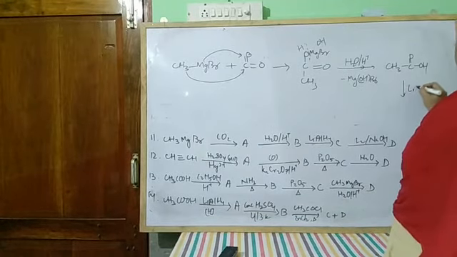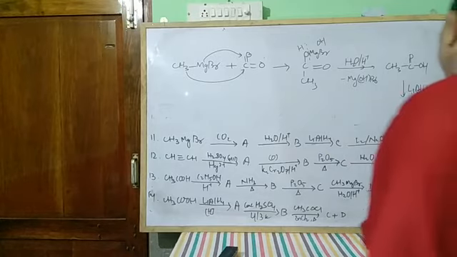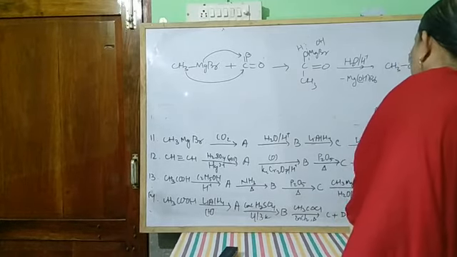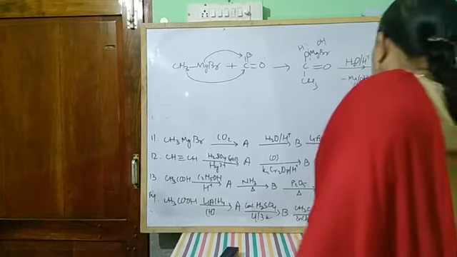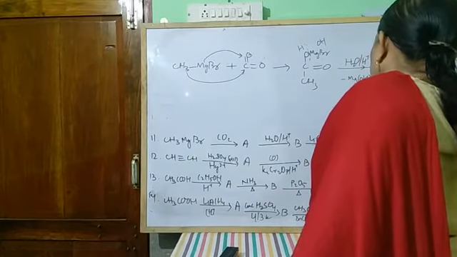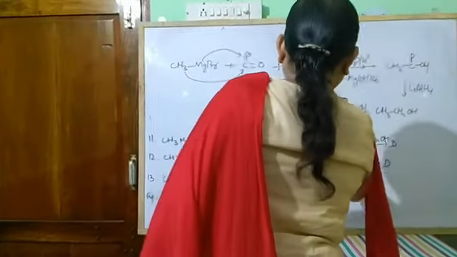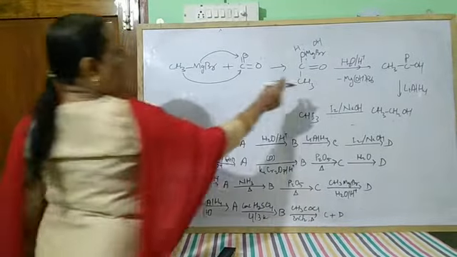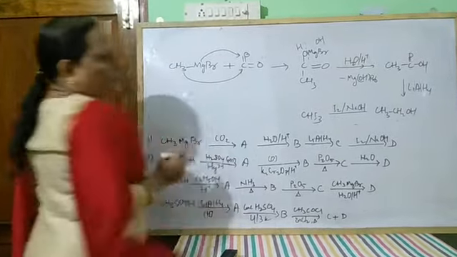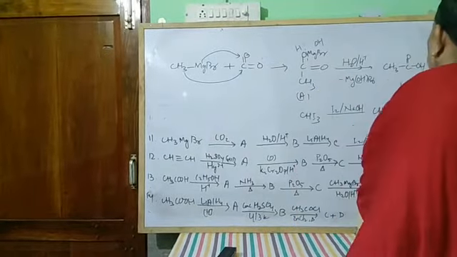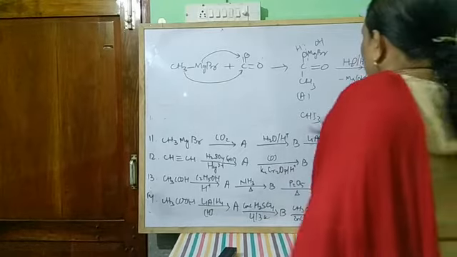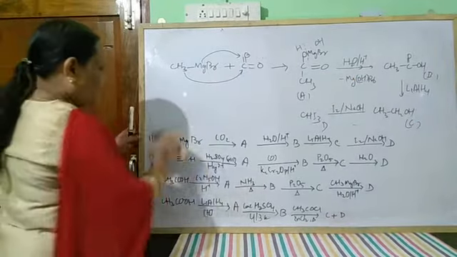When treated with lithium aluminum hydride, it forms ethyl alcohol, and this is the only primary alcohol that, when treated with I2 and NaOH, forms iodoform. So A is the addition product and B is acetic acid. C is ethyl alcohol and D is iodoform.